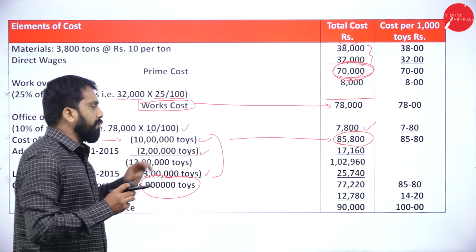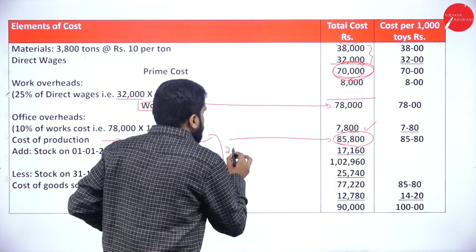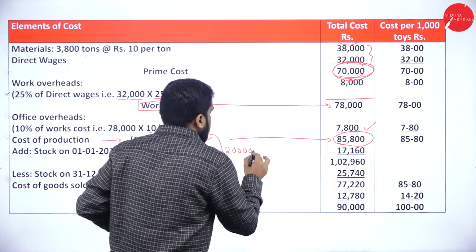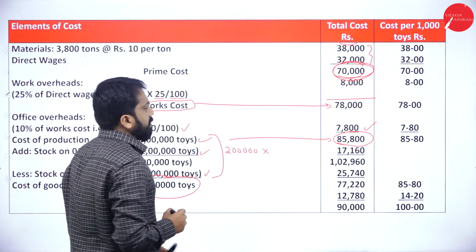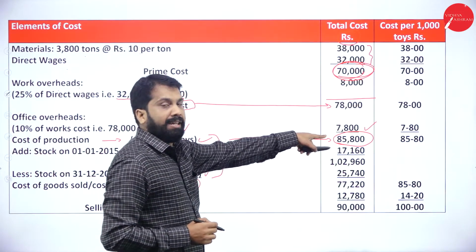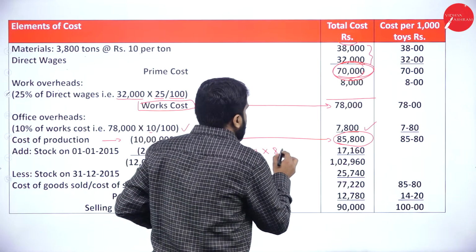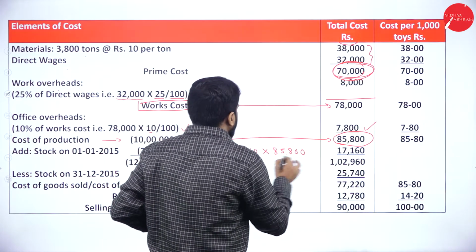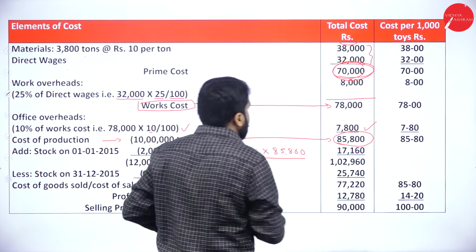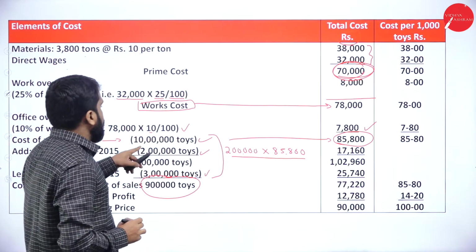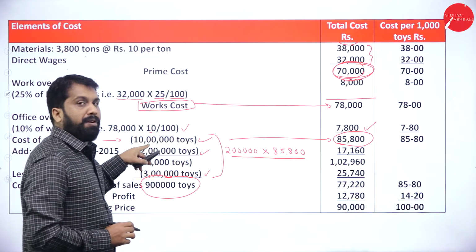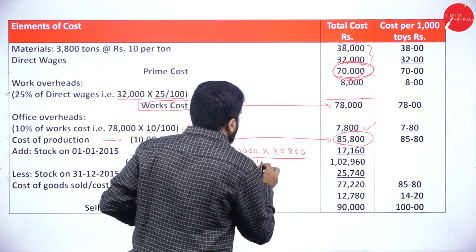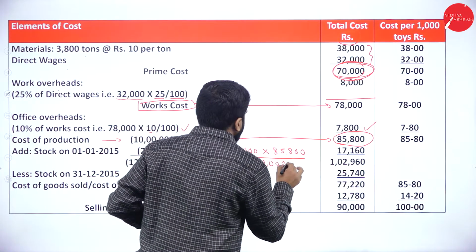How to find out? Very simple. 2 lakh multiplied with, what is the price for 10 lakh? 85,800 divided by, you already have for how many lakhs? Yes, 10 lakhs. This is a calculation.